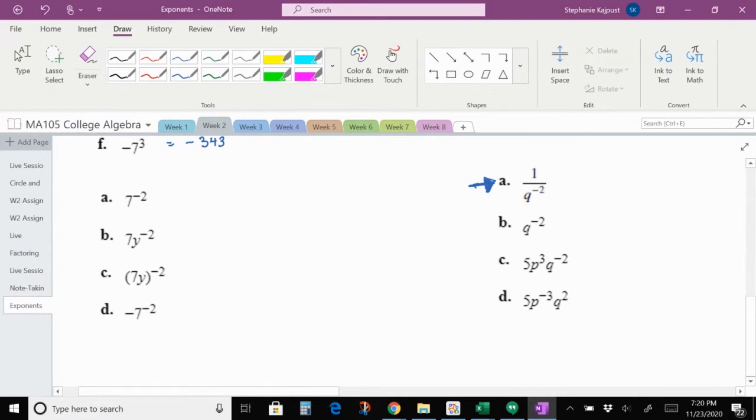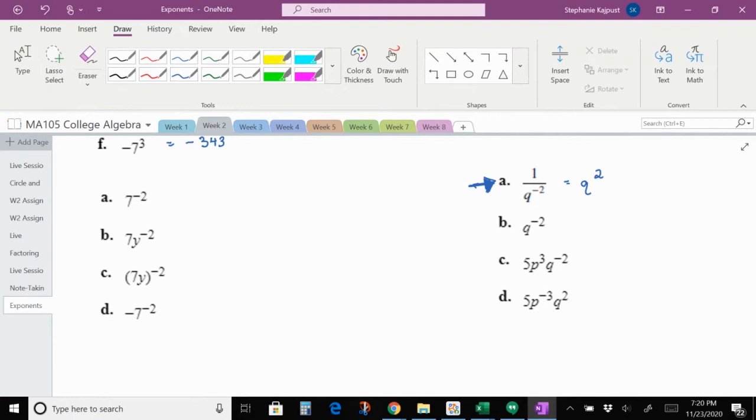With the negative exponent, you take the reciprocal to make the exponent positive. Here, because our negative exponent is in the denominator, when we take the reciprocal, we no longer get a fraction. And so that will give us q to the second power.